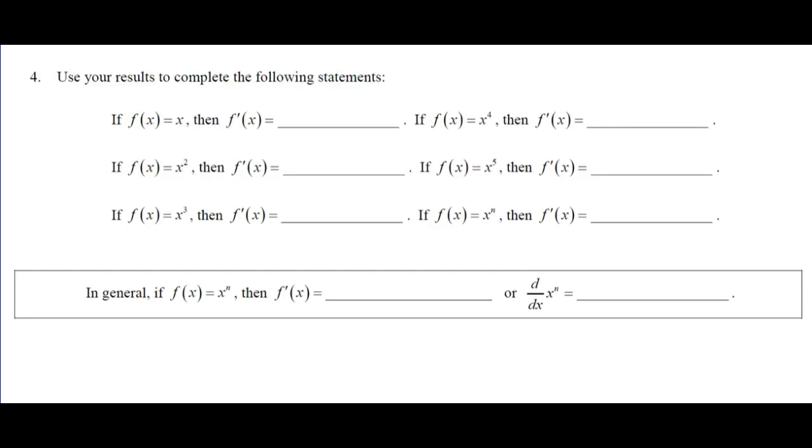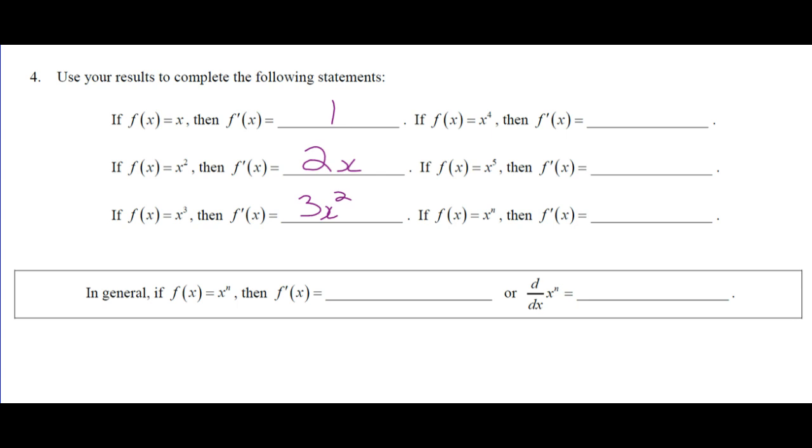So use your results to complete the following statements. Okay, so we did f of x equals x and f prime of x is 1. If it were x squared, then f prime of x is equal to 2x. If it were x cubed, then f prime of x is equal to 3x squared.